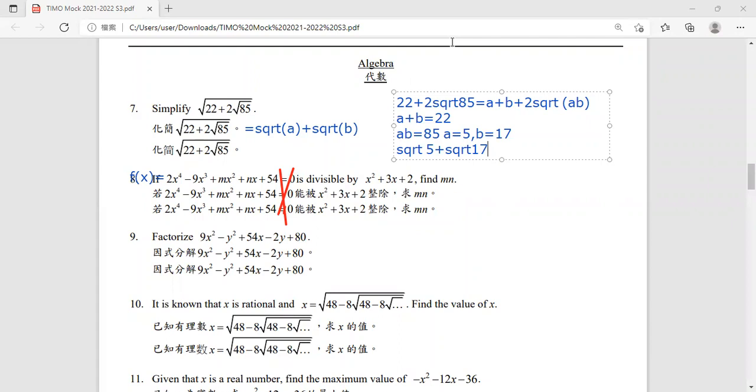So the answer will be this one, 12 pi plus 750.